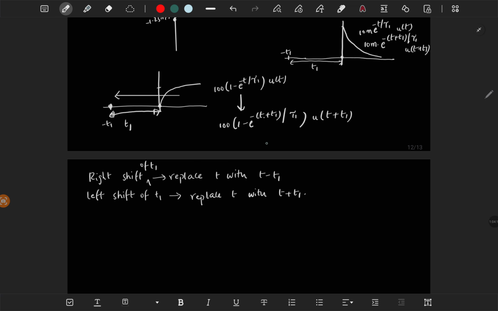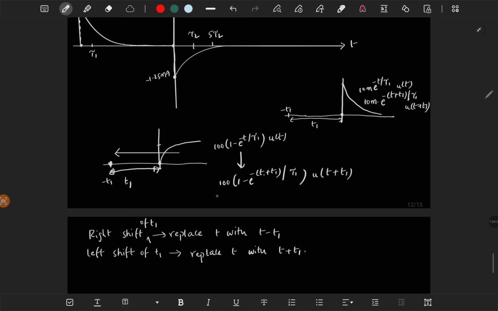That is what we have done here. This concept you understand, right? If you replace t here with minus t1, then you have to get this value same as this value.